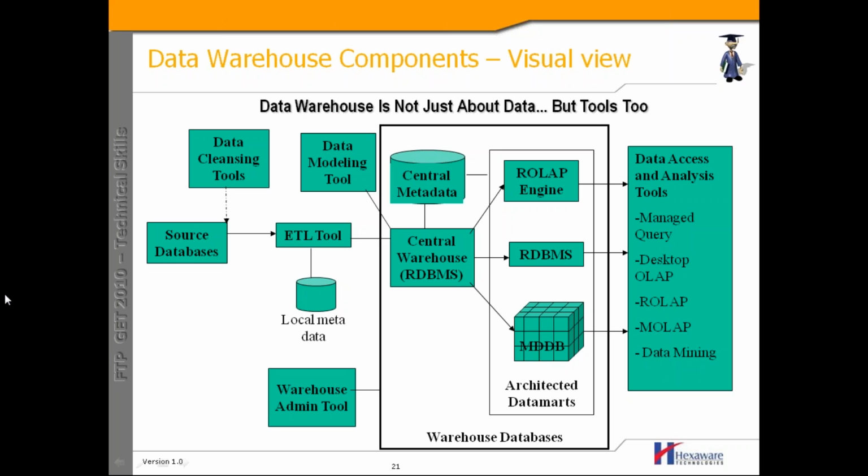That is the area we call the staging area, a temporary area where first you extract the data from the sources and move it to the stage, where you see the ETL tool. You do the transformation, and then finally you move the data to the warehouse.